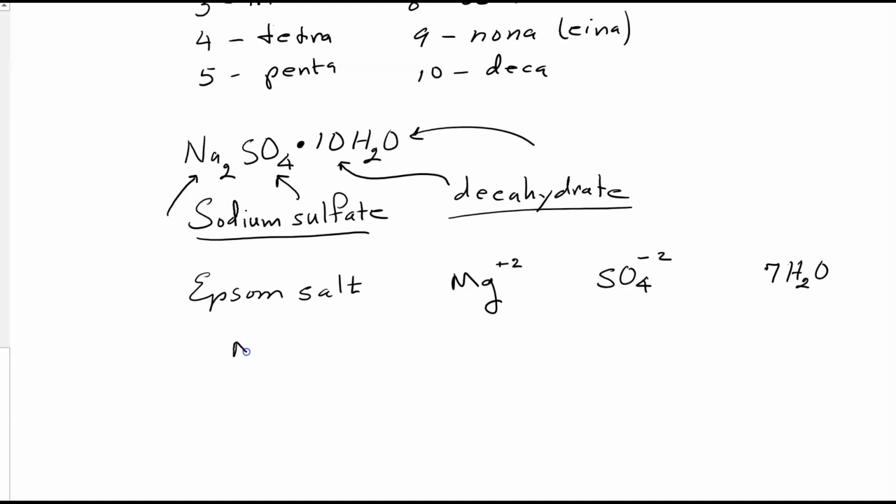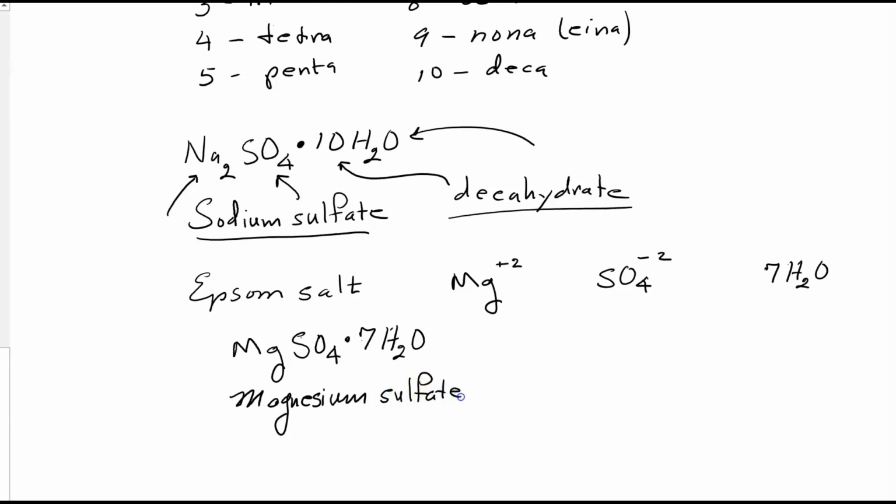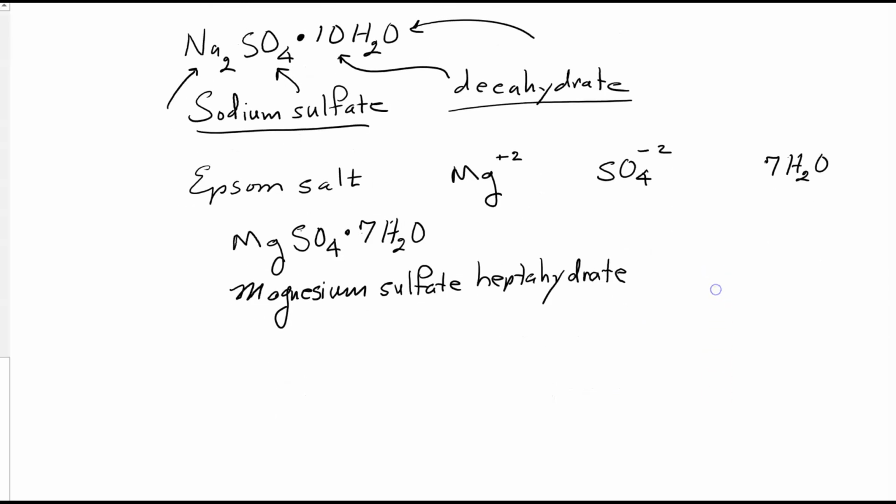So we would have MgSO4 dot 7 H2O, and we would name that magnesium sulfate, and in this case heptahydrate. As you can see, we are still using the same general format as we have for the others. And this gives us a way to express hydrated structures of ionic compounds.